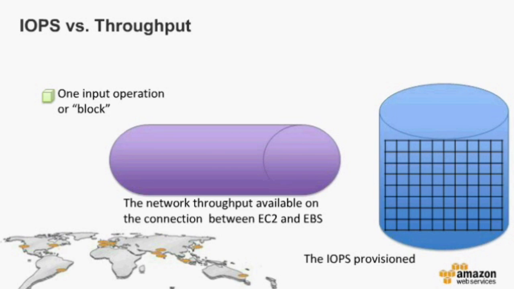On EC2, you have a network connection between your EC2 instance and the EBS service where the storage that those operations are going to be done to exists. And then on that storage, you have the performance of the storage itself.